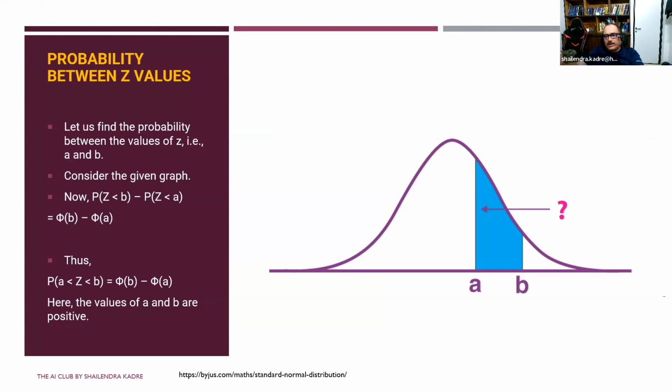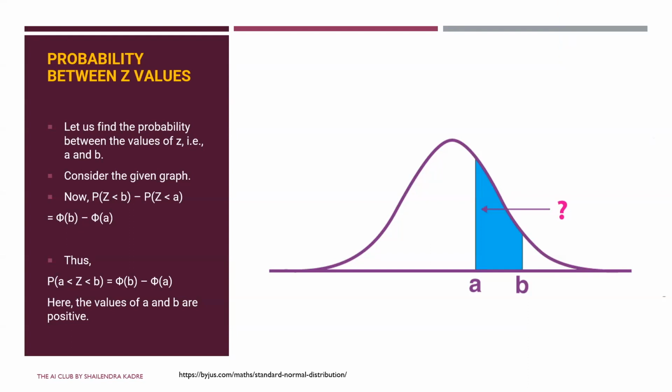Both Z are positive. It is on the right hand side of the mean, right? So my Z is positive for both A and B. Now I want the cumulative probability of the shaded area, which is more than or equal to A and less than or equal to B. Can you find out? The blue shaded area, how to find it?